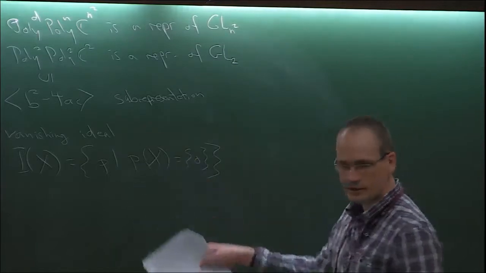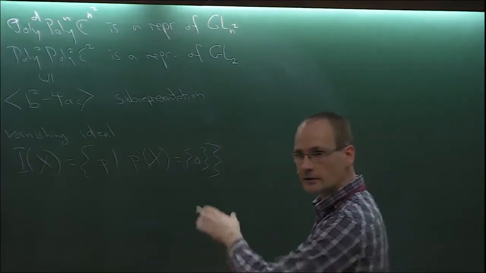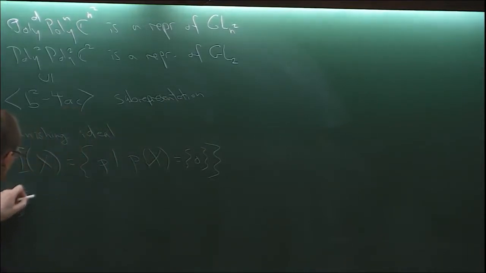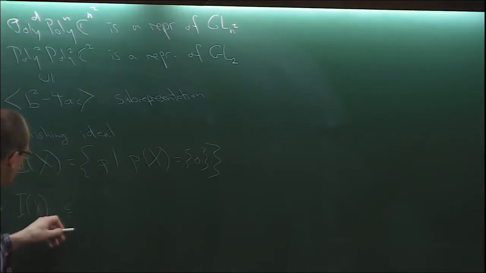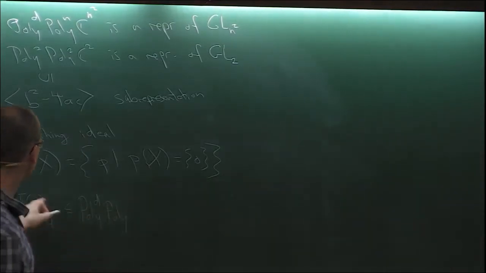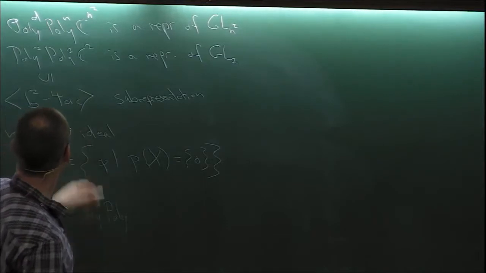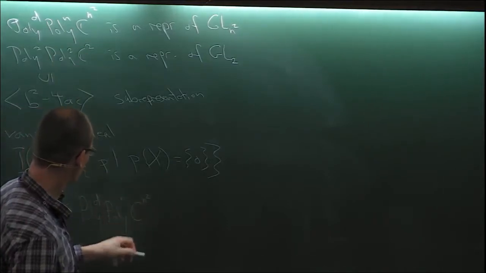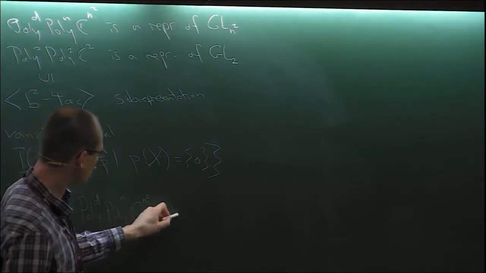And in our case, this is graded, things still have a degree. So then a natural thing is that the homogeneous degree D part of your vanishing ideal, those are polynomials homogeneous of degree D, where X is a sub-variety of Poly_n of C^{n^2}, is actually a sub-representation.